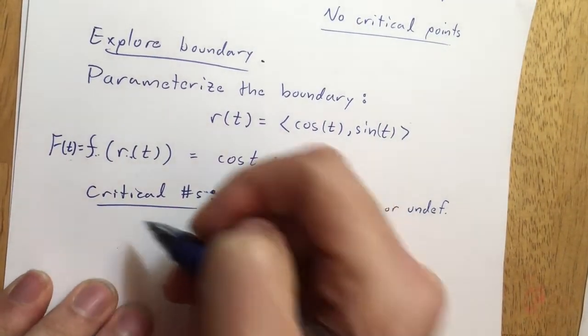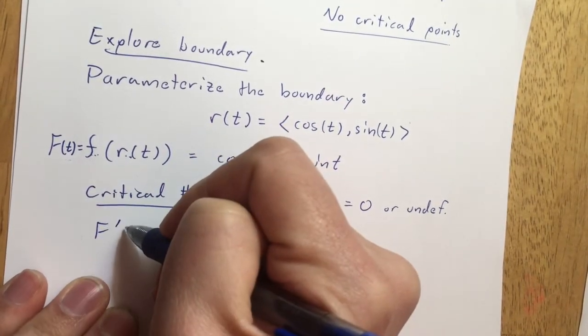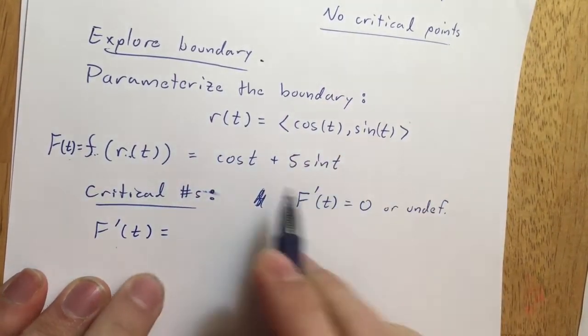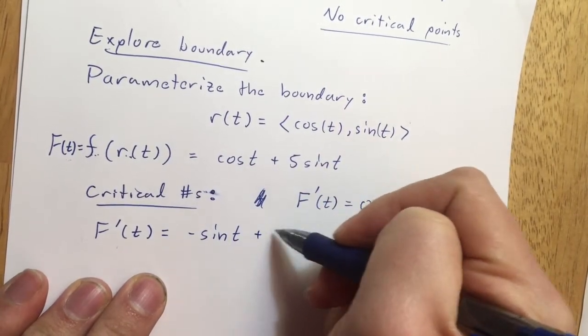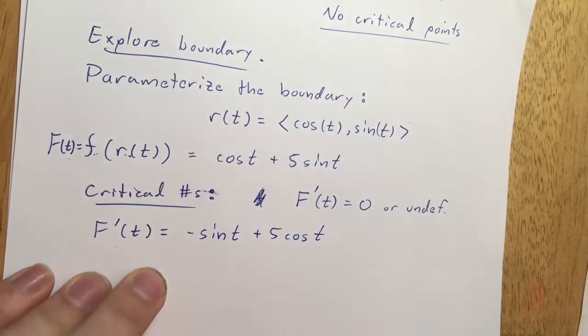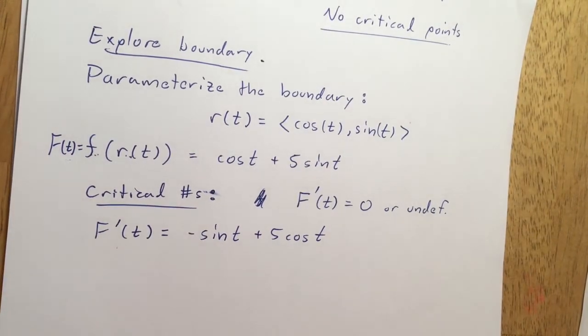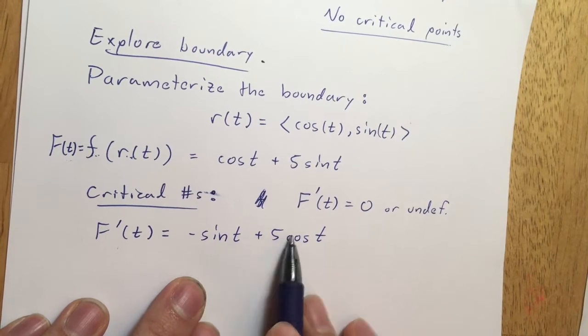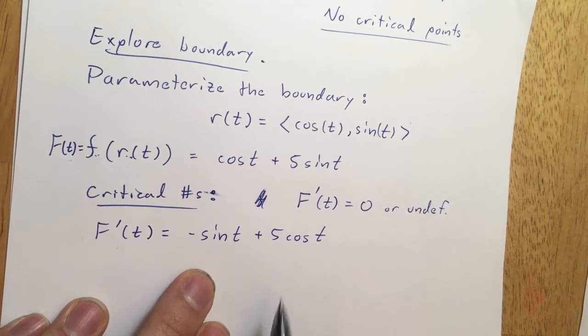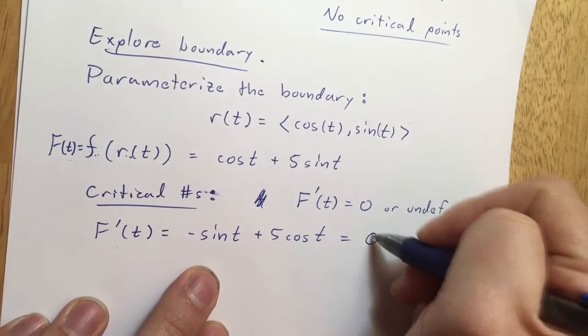Let's compute the derivative of F of t. F prime of t is, just take the derivatives here. Is that ever undefined? No, that never happens because these are trig functions. They're defined everywhere. But it could be equal to 0.